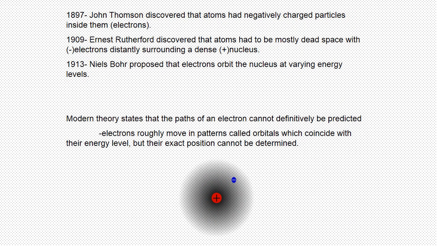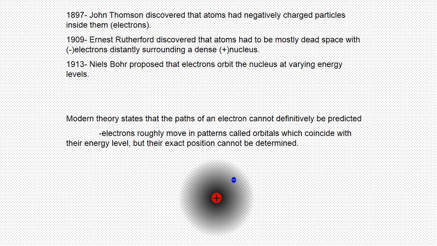In 1897, John Thomson discovered that atoms had negatively charged particles inside them. He had discovered electrons. In 1909, Ernest Rutherford discovered that atoms had to be mostly dead space with negative particles, electrons, distantly surrounding a dense positive nucleus.